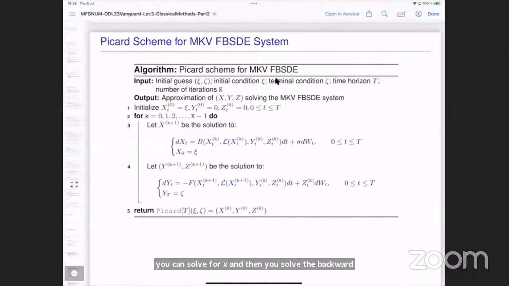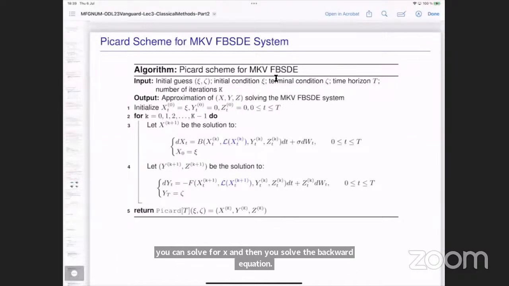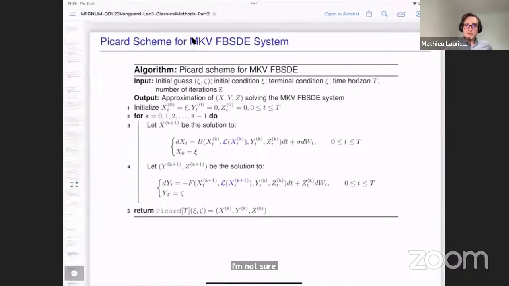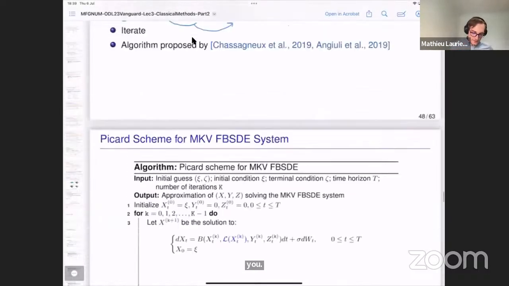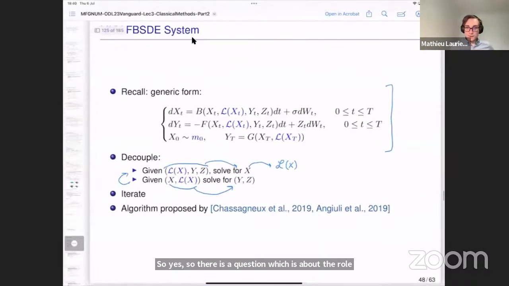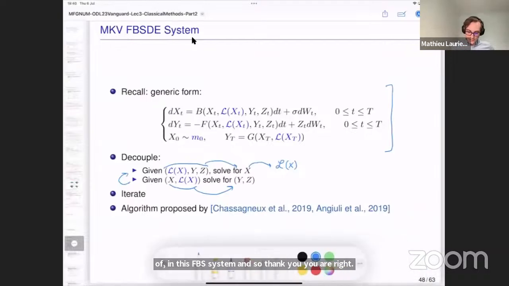There is a question about the role of alpha in this FBSDE system. Thank you, you are right, alpha does not appear in this system. The reason is that I already replaced it.